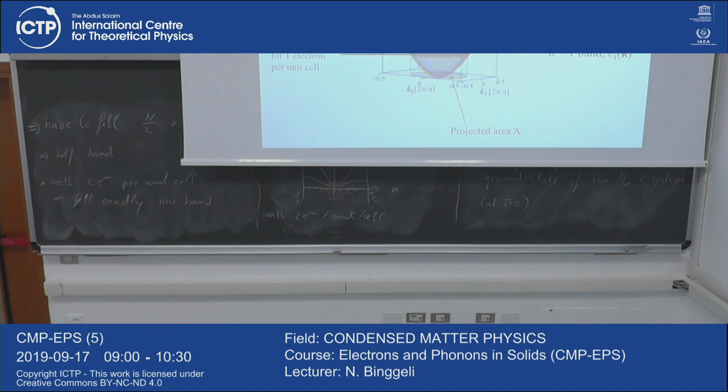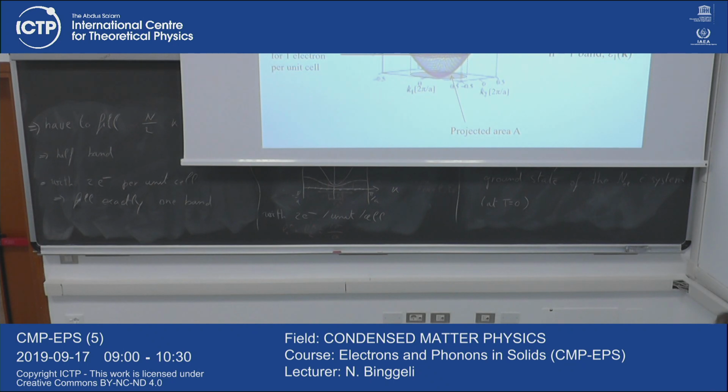And if I have now 1 electron per unit cell, then I have to fill up to a Fermi energy epsilon F, such that the area that is projected on the horizontal plane in kx, ky is exactly half of the Brillouin zone.